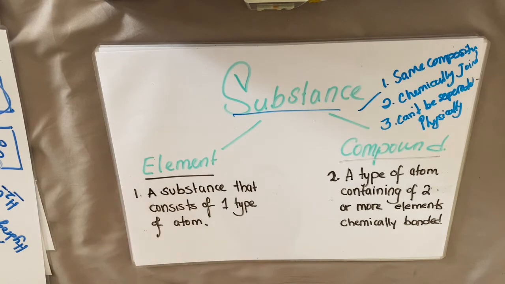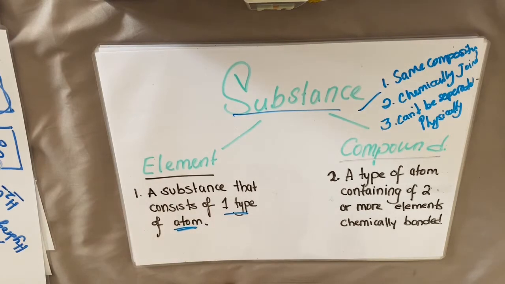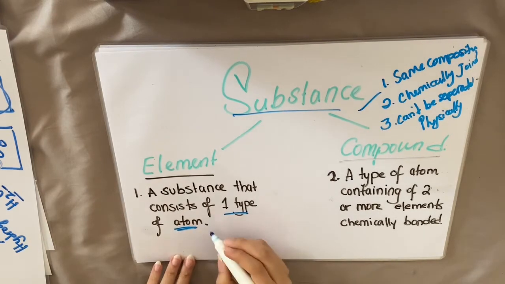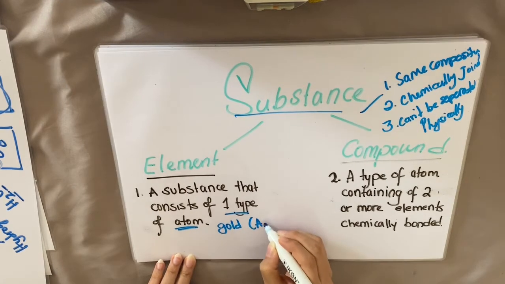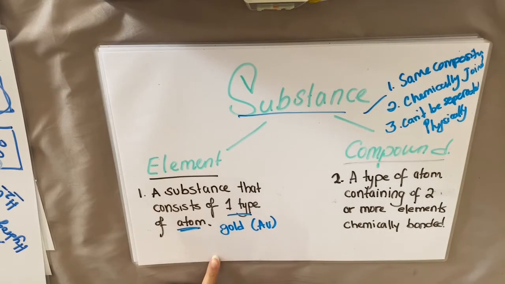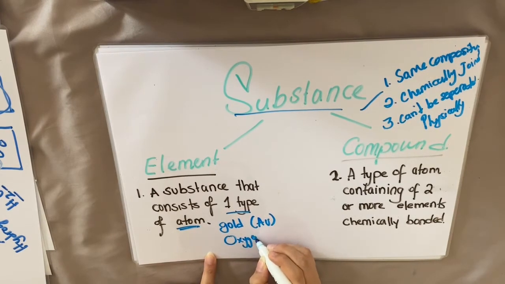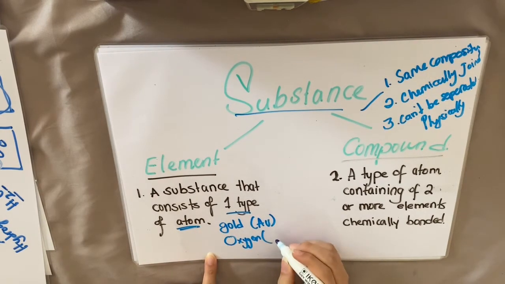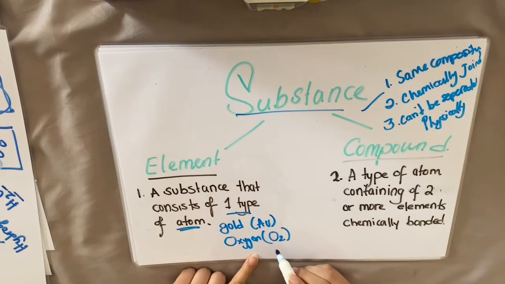An element, which is a substance that consists of one type of atom, only one type. For example, gold, Au. It's one kind only. Oxygen. Oxygen is a diatomic molecule. Why do we call it diatomic? Because it's the same molecule repeated.